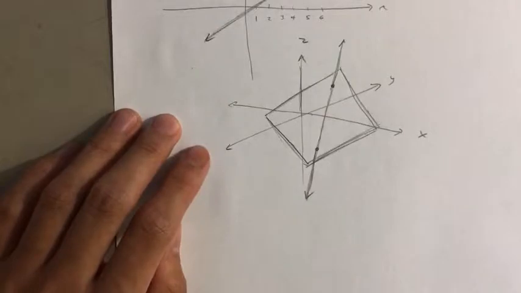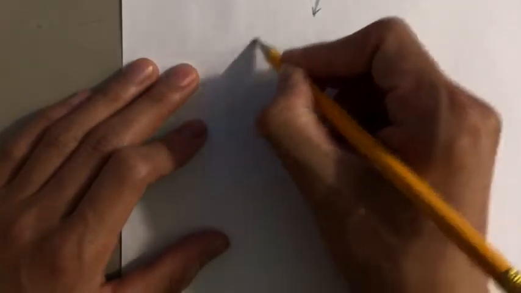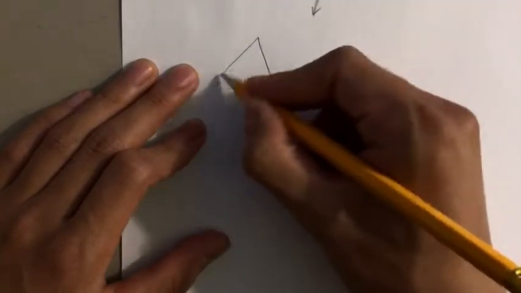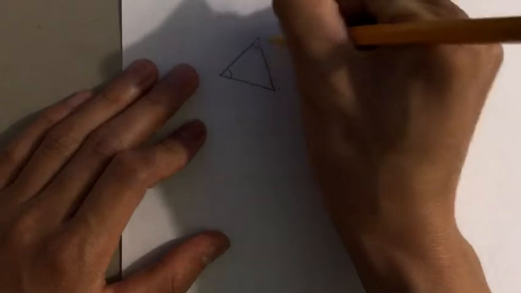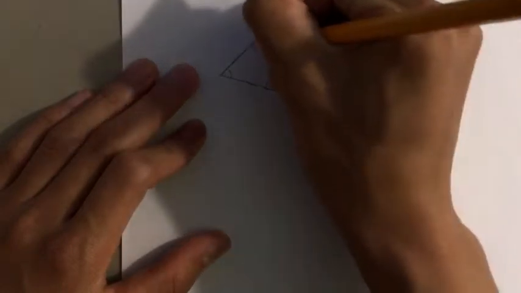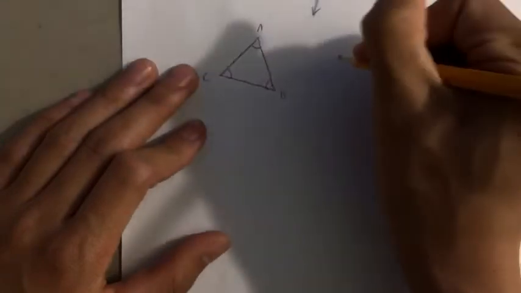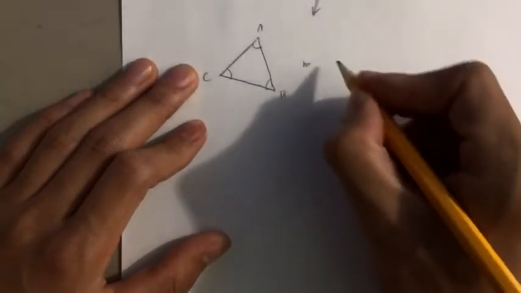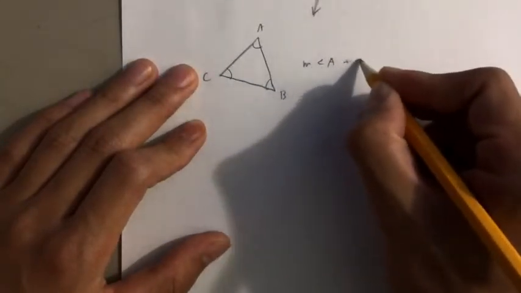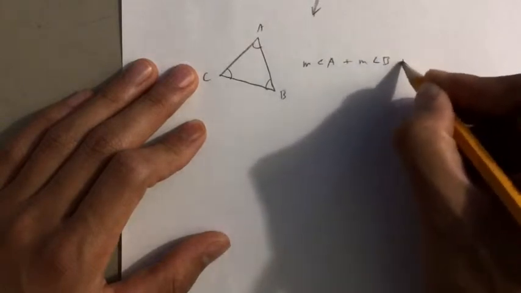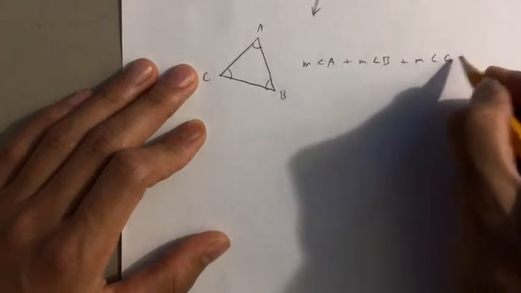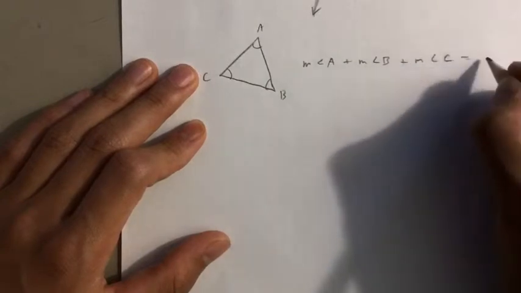So let's move on. So what are angles? Well, if you remember, in a triangle, the angles sum up to 180. So that angle plus that angle plus that angle, you usually write this measure of angle A plus the measure of angle B plus the measure of angle C, that's the angle sign, equals 180.